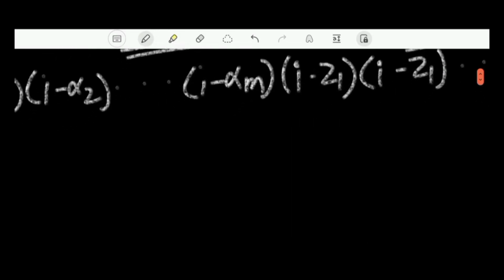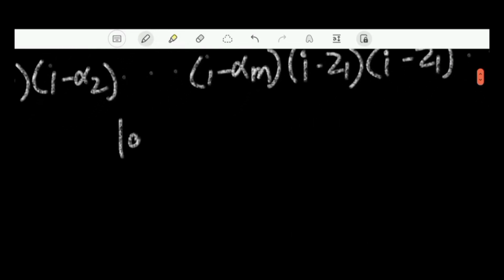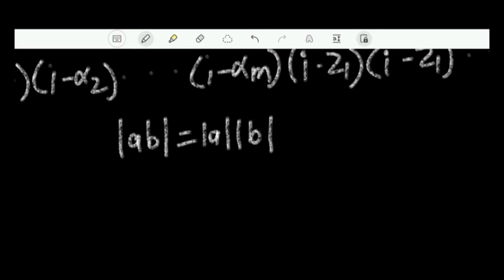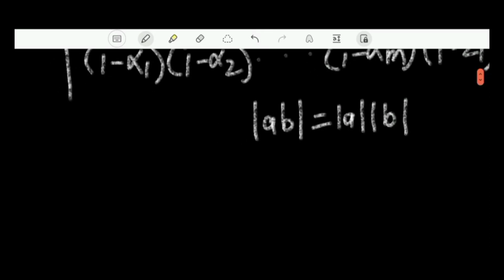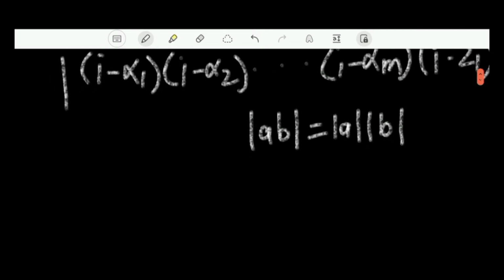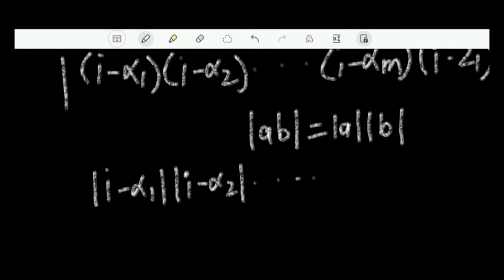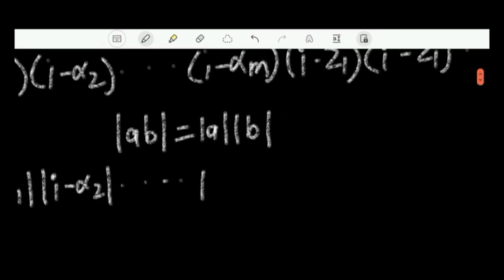We know one property of modulus, that mod of AB is equal to mod of A multiplied by mod of B. So we can decompose this modulus. We can rewrite it like mod of (i − alpha 1) multiplied by (i − alpha 2), the same for (i − alpha m).